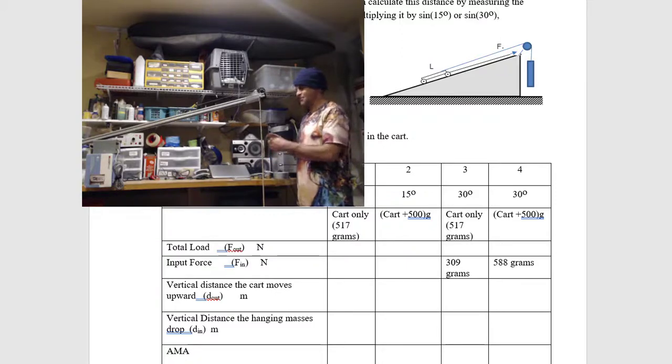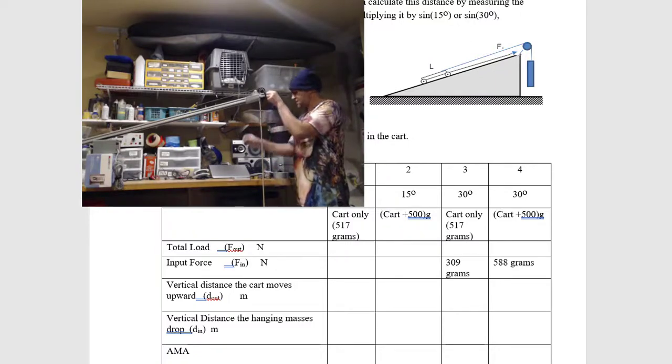Add a tiny bit more again. That's pretty good. As you can see, there's a little bit of friction and uncertainty in the cart moving up, but I'm going to go with that. I'm going to mass this. 141 grams is what it took to get the cart to go.